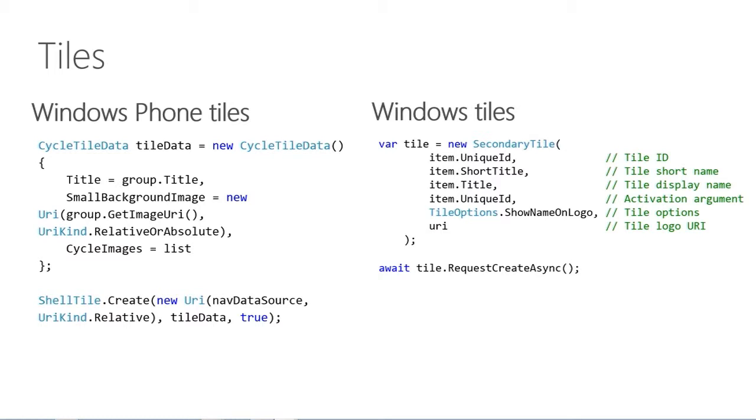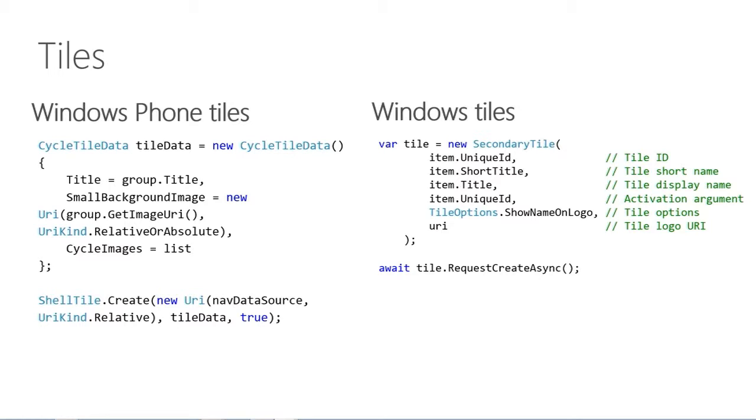The cycle image template is the same one that you may have seen, as it's the one that the photo app uses to cycle through. I think it has 8 images that it cycles through. So that's how you define the template, or what your tile information is, and then you use the ShellTile.Create, give it the URI, give it that tile data, and the operating system goes off and creates that for you.